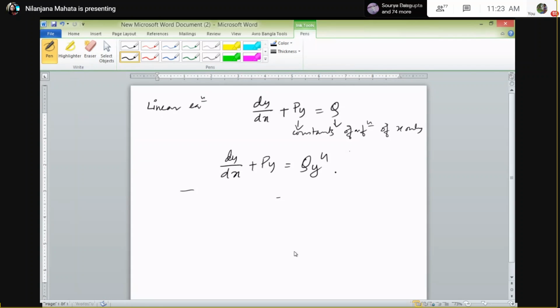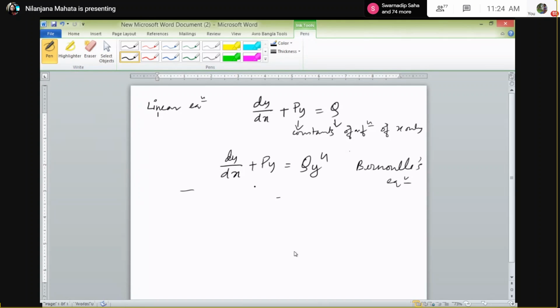And probably you have known this equation as Bernoulli's equation. Have you solved this type of problems before, this Bernoulli's equation? Yes, yes, ma'am.